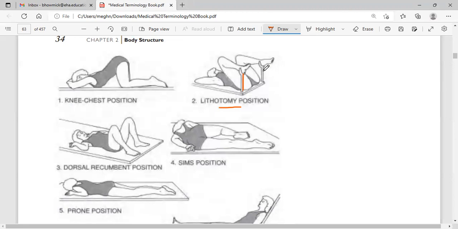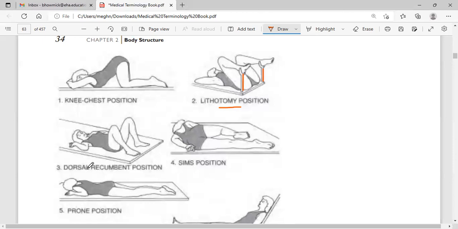You see, there are two devices, and this position we use to examine the vagina or the pelvic organs, or also collect tissue called a pap test. And this position is also good for normal vaginal delivery.